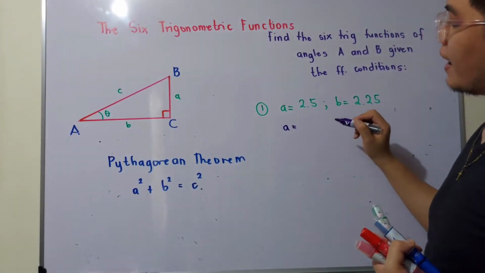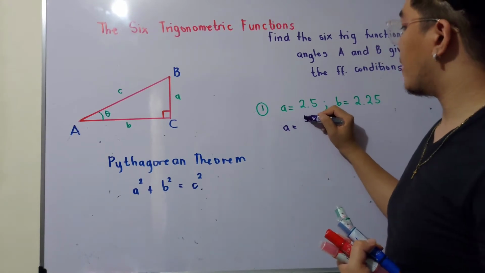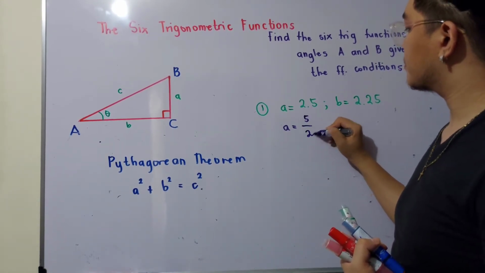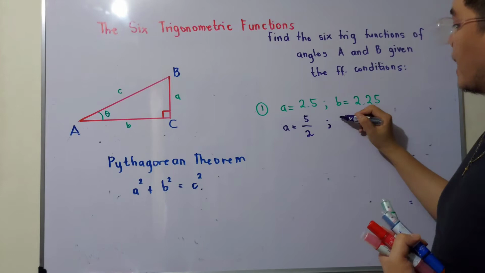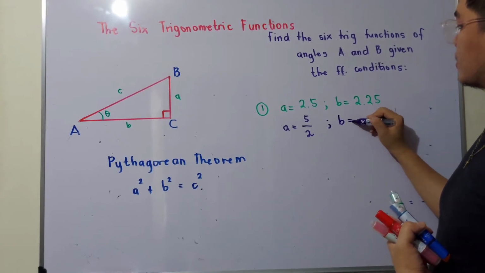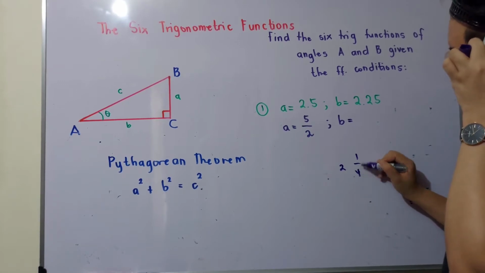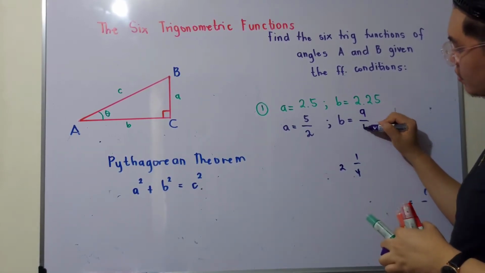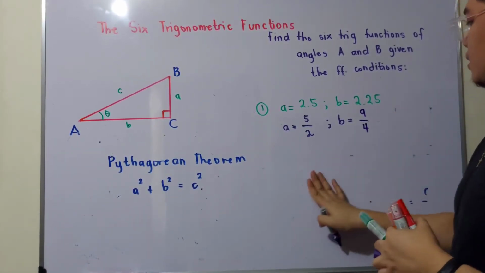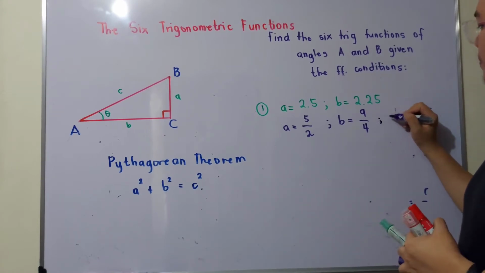So, 2.5, that's equal to 5 over 2. Tapos, ito naman, this one is equal to 9 over 4. Okay. So, saka natin nahanapin yung C.